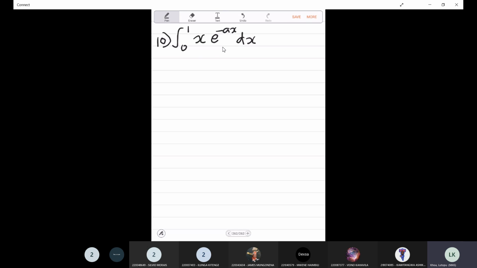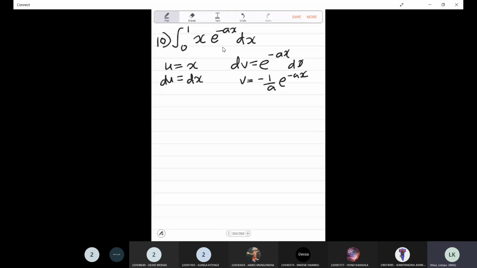But with this one, I can just pick my u, or for us to practice doing it, say u is equal to x, dv is e to the power of minus ax dx. This means that du is equal to dx, and v is minus 1 over a e to the power of minus ax.